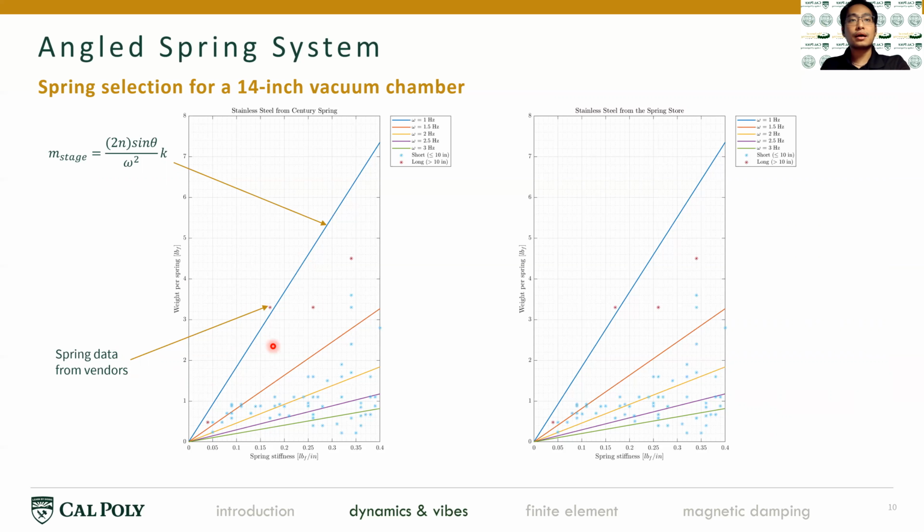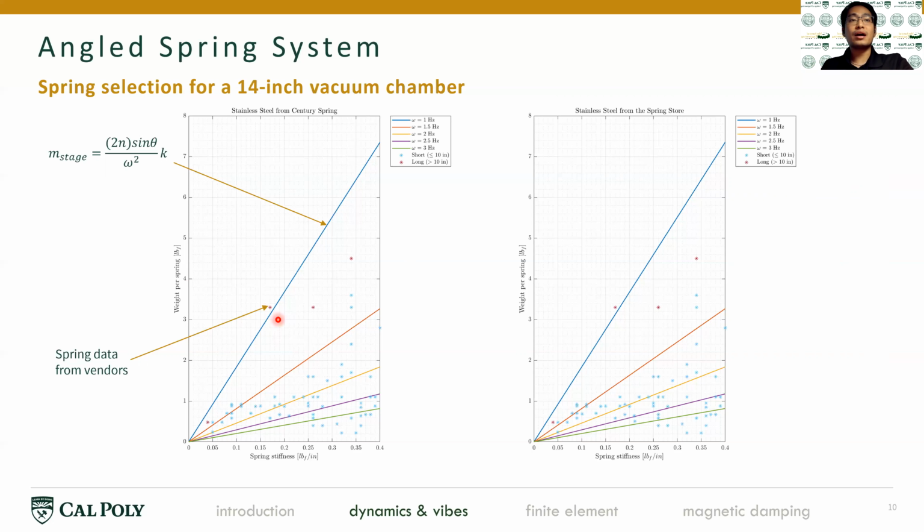So I downloaded all of the spring data and plotted it here. As long as a data point is above a solid line, that represents a spring that can help isolate frequencies up to that frequency.